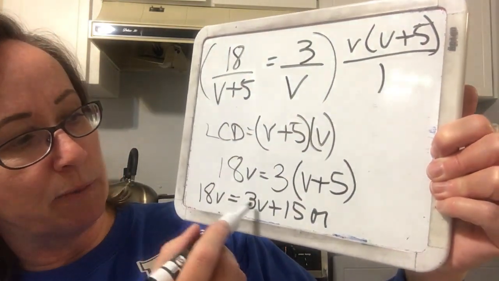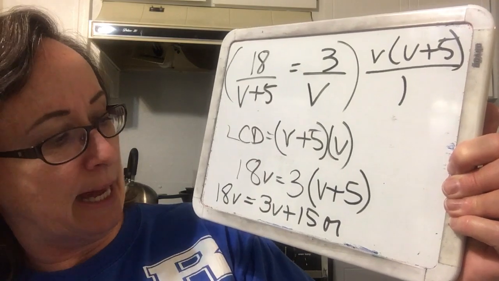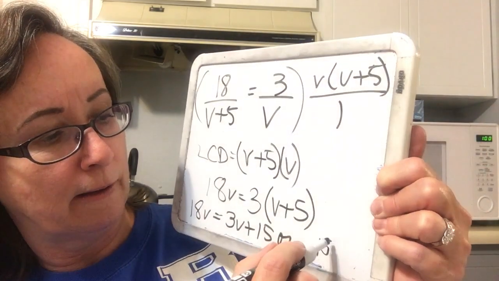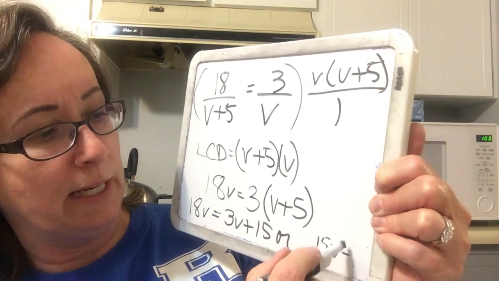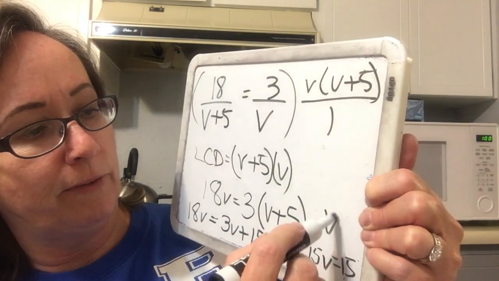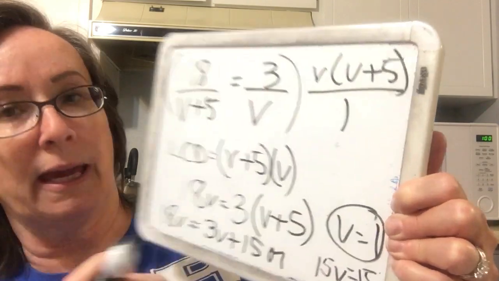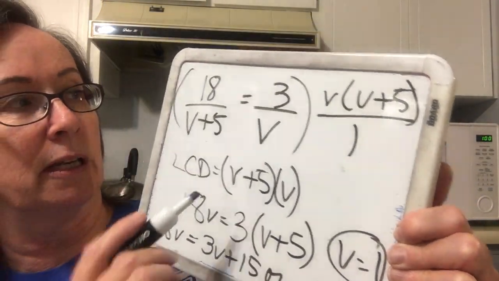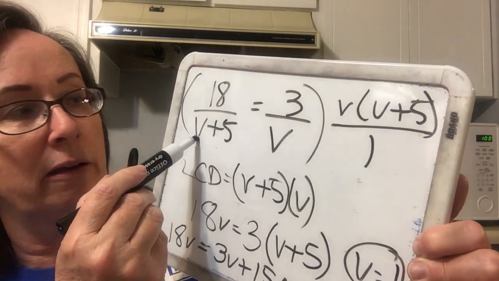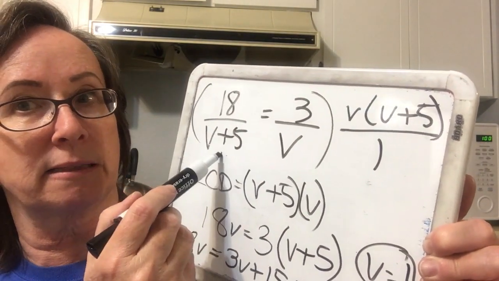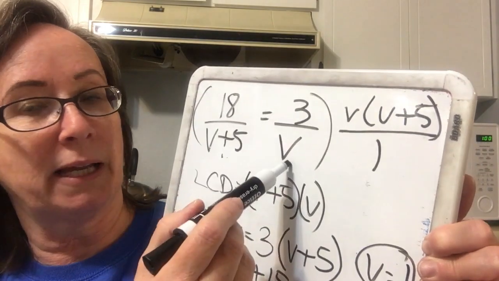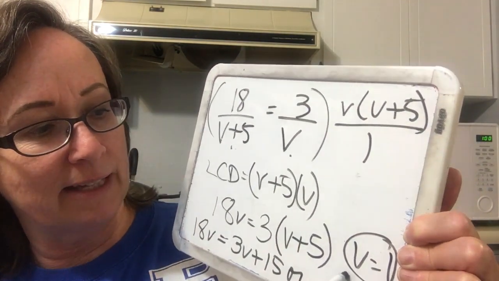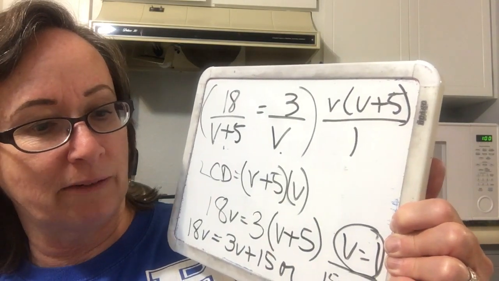So if I subtract the 3v from both sides, I get a 15v on the left is equal to 15 on the right, or v equals 1. If you take the time, v is equal to 1 is the solution. If you plug in a 1 here, you get 18 over 6. Well, that's 3. You plug in a 1 here, you get a 3 on that side as well. So the answer is v is equal to 1.